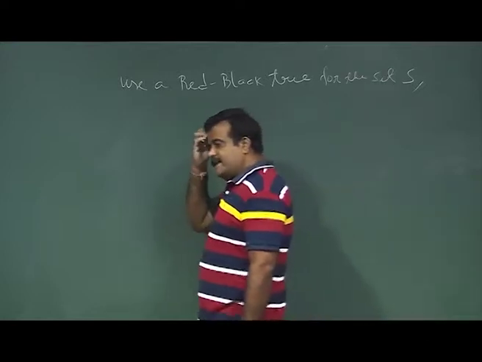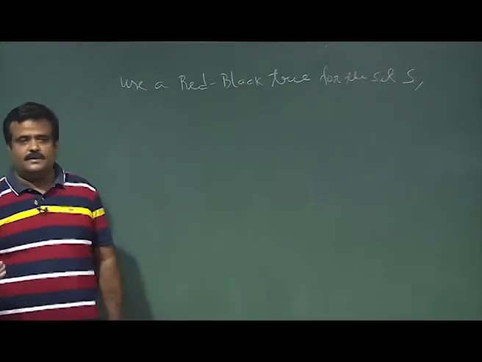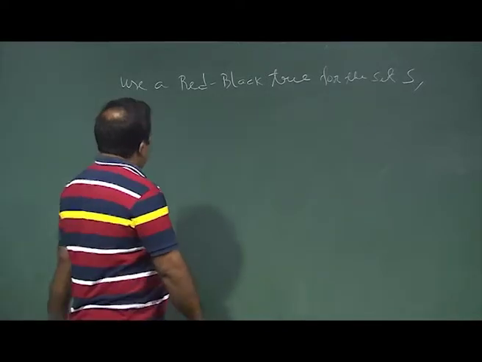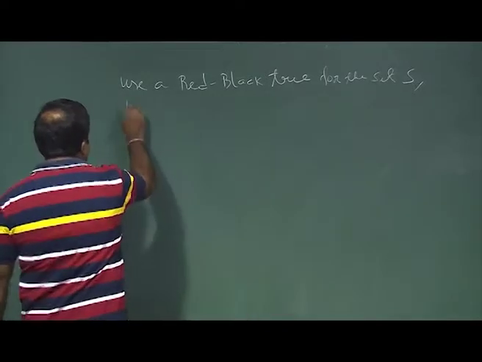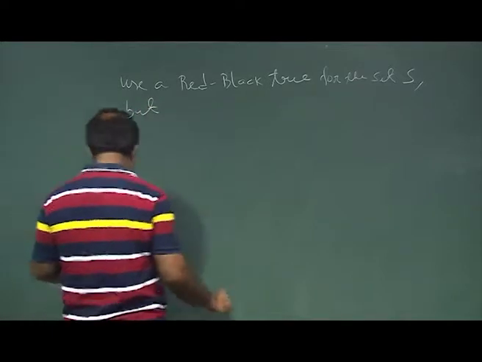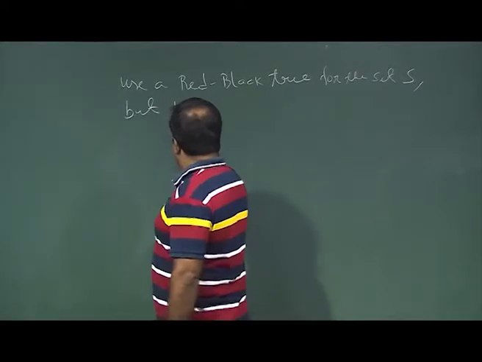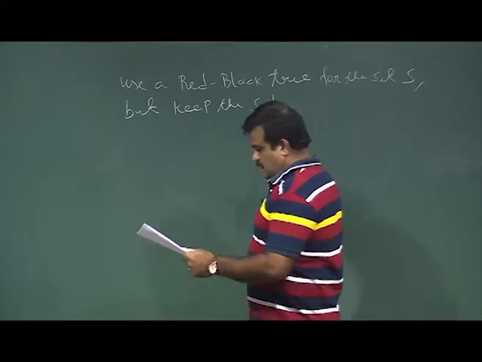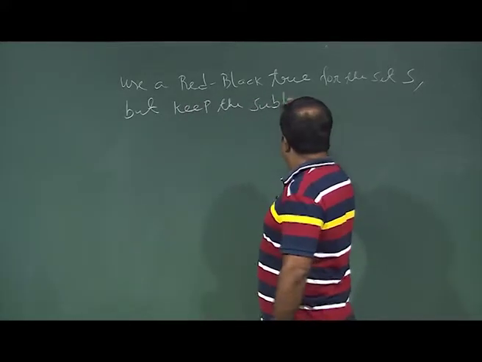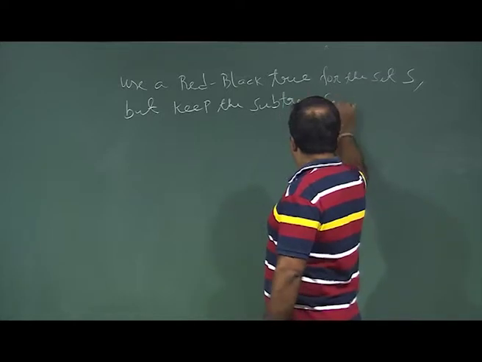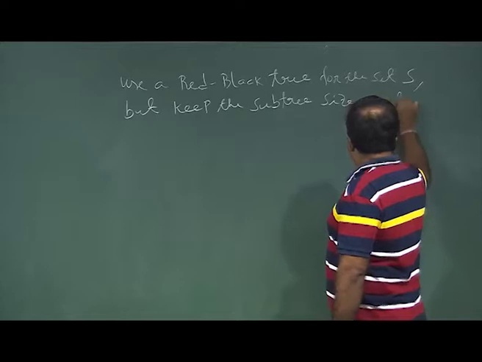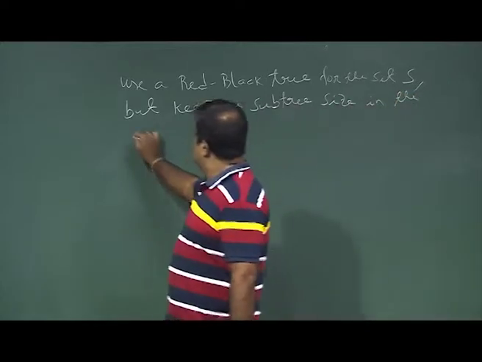In a red black tree we can also perform the modifying operations like insertion and deletion, but we have to do some augmentation: keep the subtree size in the nodes.